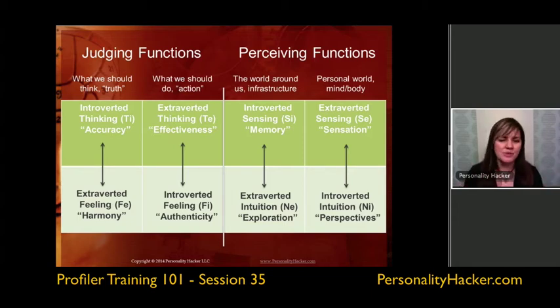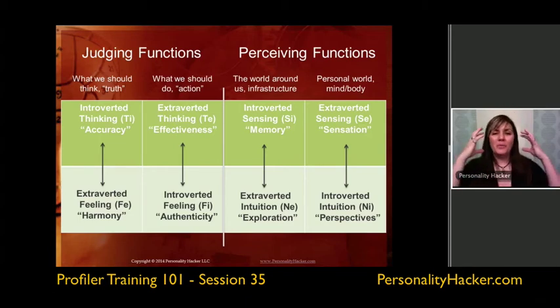Now, this can get confusing because authenticity might say, well, you have to believe the right thing. If you have the right belief system, then you'll take the right action. And you'll see an accuracy harmony person say, no, we should be doing correct things. If we're not doing the right thing, then how can we ever impact the hearts and minds of people? How can we impact what they're thinking?